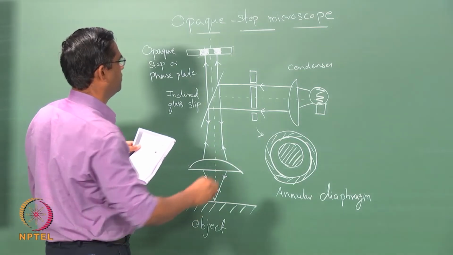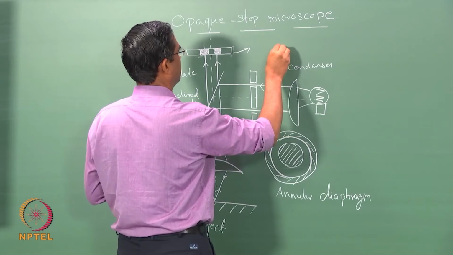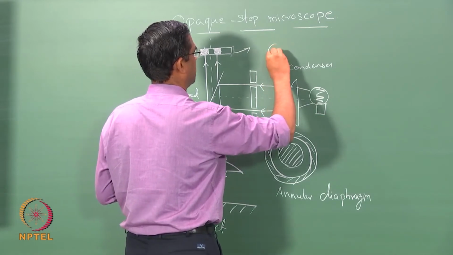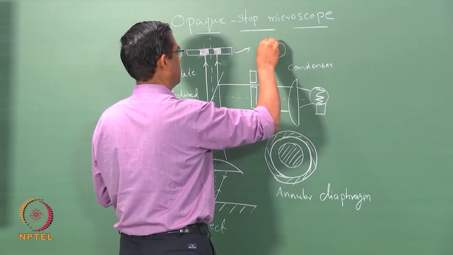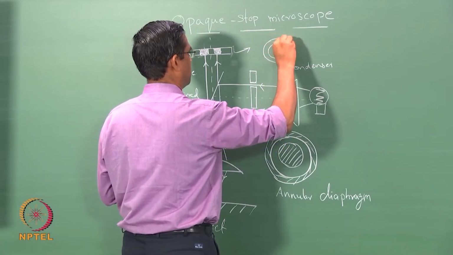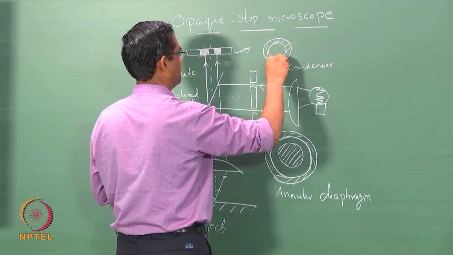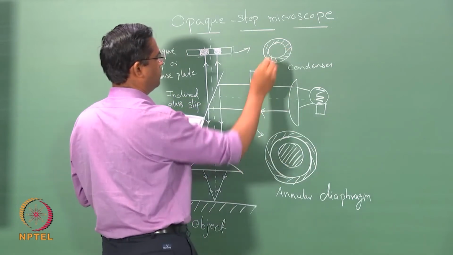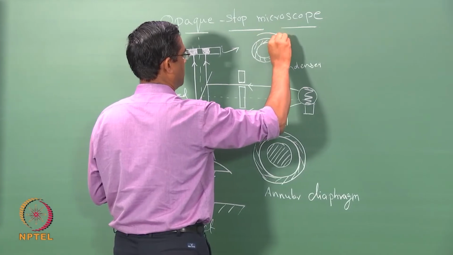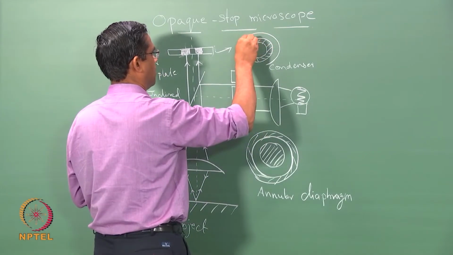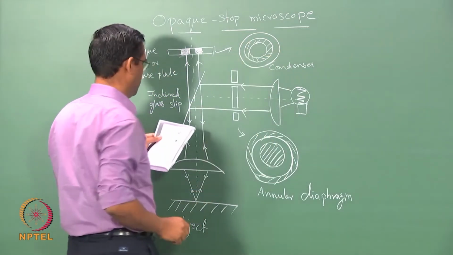It will appear something like this, entirely opposite to the annulus.